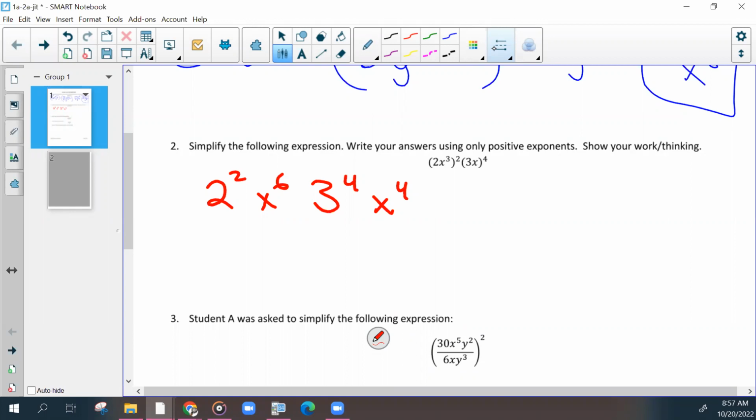Then we would need to figure out what 2 squared is, what 3 to the 4th is, and combine our like bases of x. Since we are multiplying our like bases, we're adding our exponents.